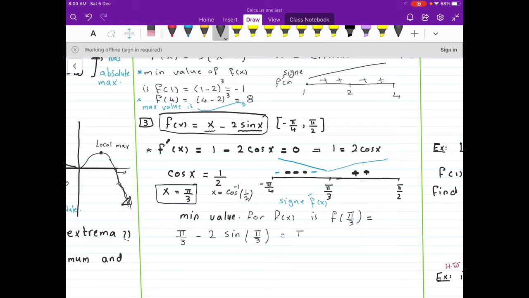So this is equivalent to pi over 3 minus 2 times the sine of pi over 3, which is the angle 60 degrees, and its sine is the square root of 3 over 2. So this equals pi over 3 minus the square root of 3.